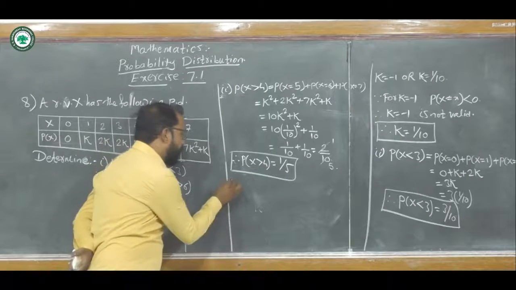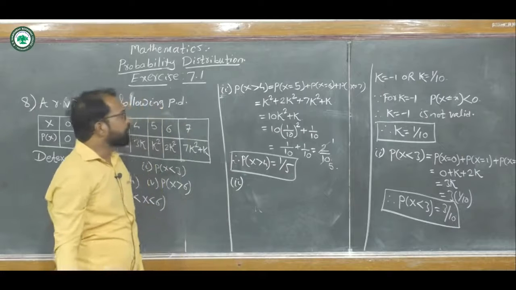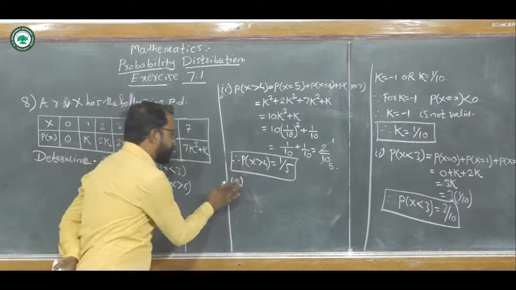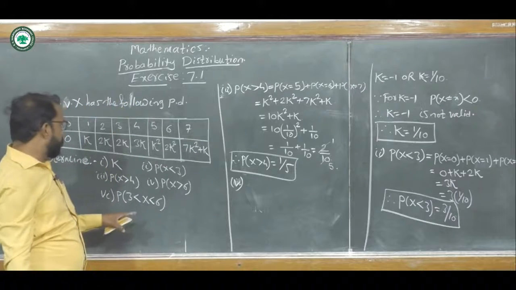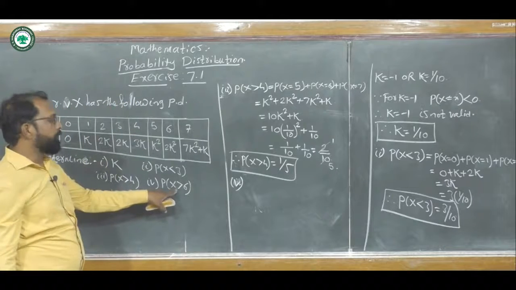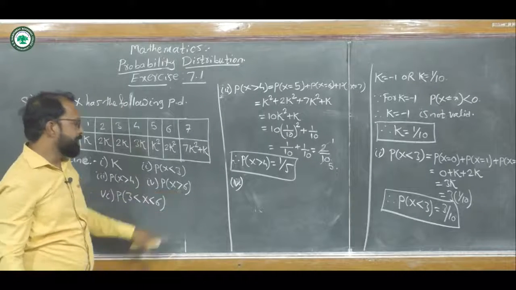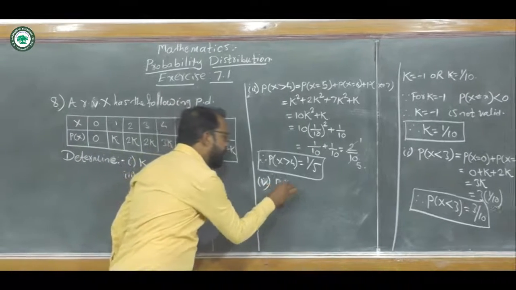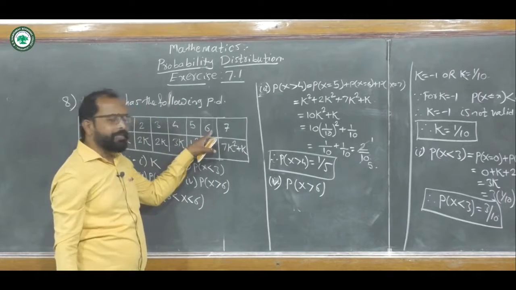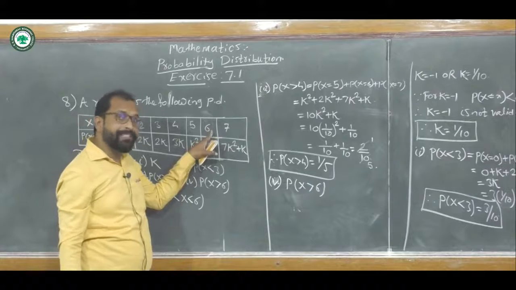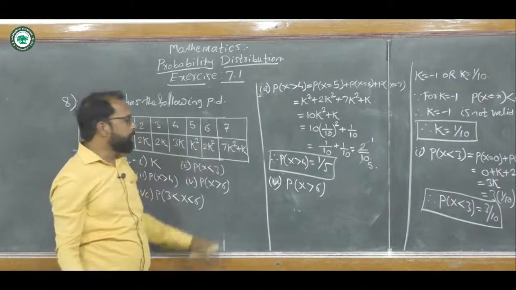Now for the next sub question, in the fourth sub question, this is the third one, we have to find the probability of x is greater than 6. Again from the table, we can see that the only value of x which is greater than 6 is 7.